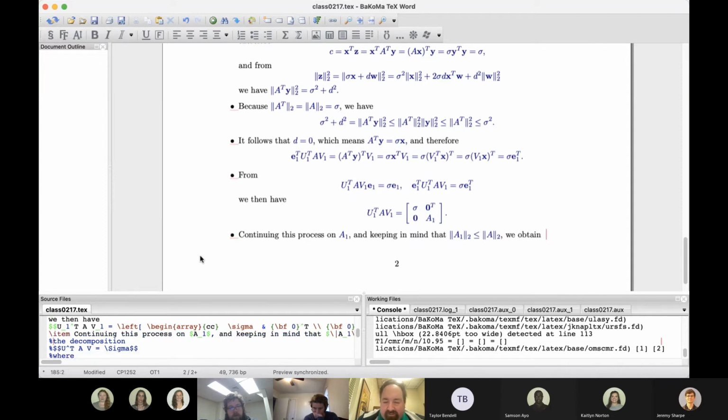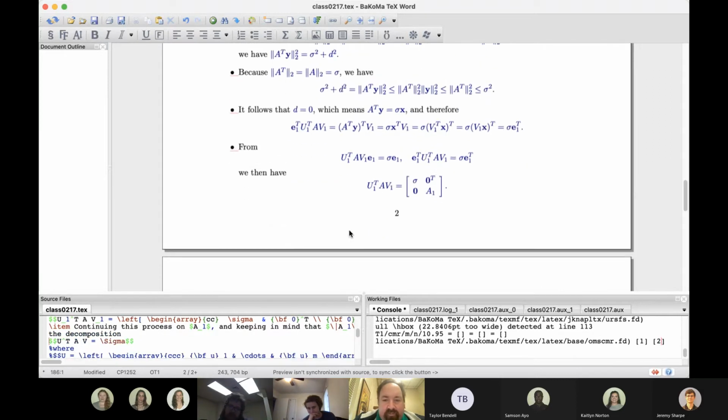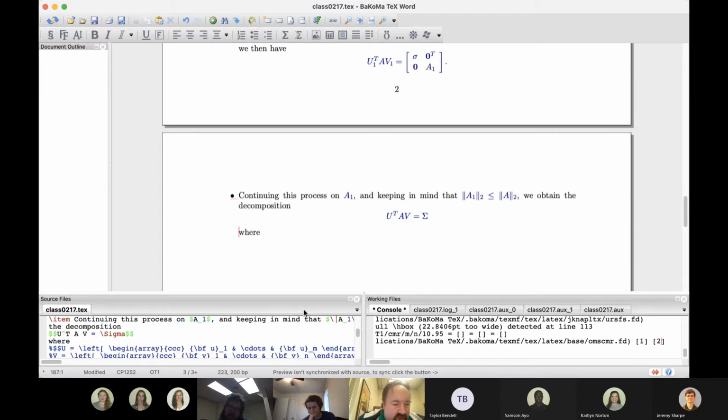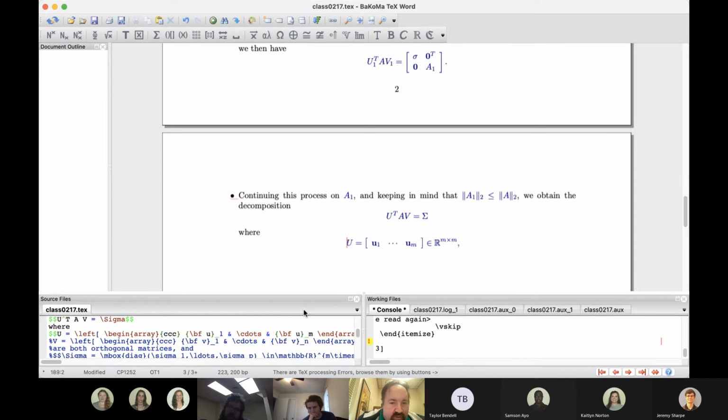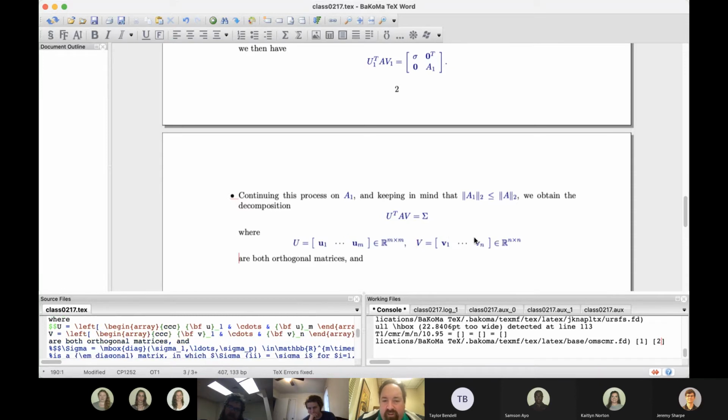If I were to keep going with that and I keep getting a matrix that's closer and closer to diagonal form over here by piling on more Householder reflections on the right and Householder reflections on the left, I get this. U transpose A V is a diagonal matrix, sigma. So U and V are orthogonal.